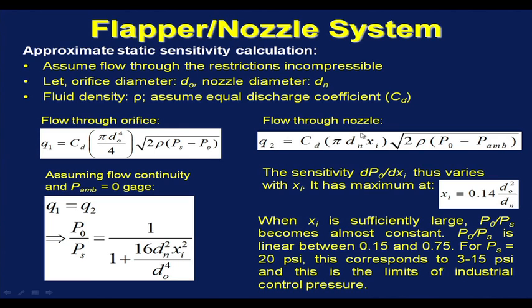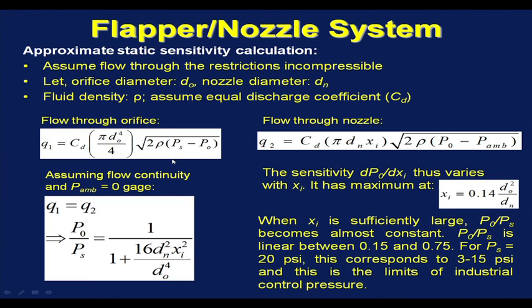Similarly, the flow through the nozzle can be represented by Q2 equal to Cd multiplied by pi times Dn times Xi into square root of 2 into (Po minus P ambient) divided by rho, where Cd is the discharge coefficient, Dn is the diameter of the nozzle, Xi is the gap between the nozzle and the flapper, rho is the fluid density, Po is the signal pressure and P ambient is the ambient pressure.